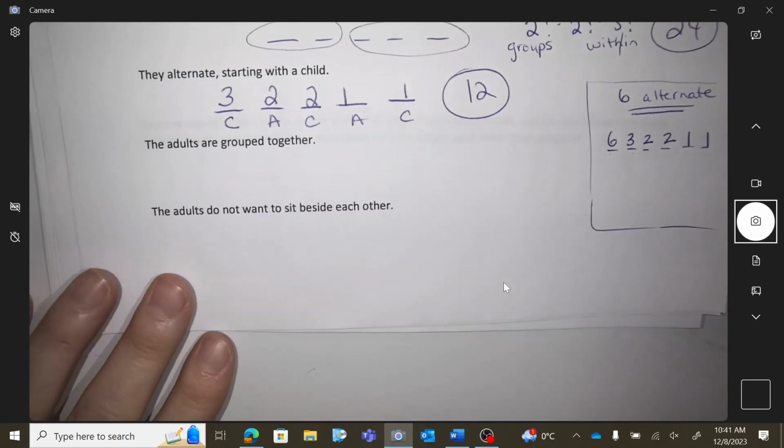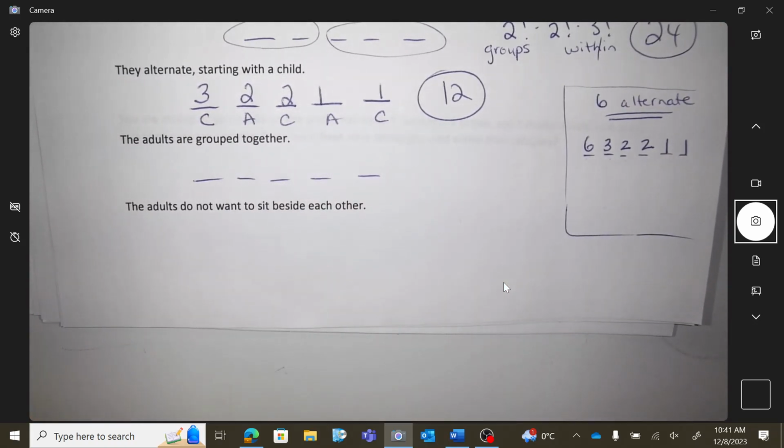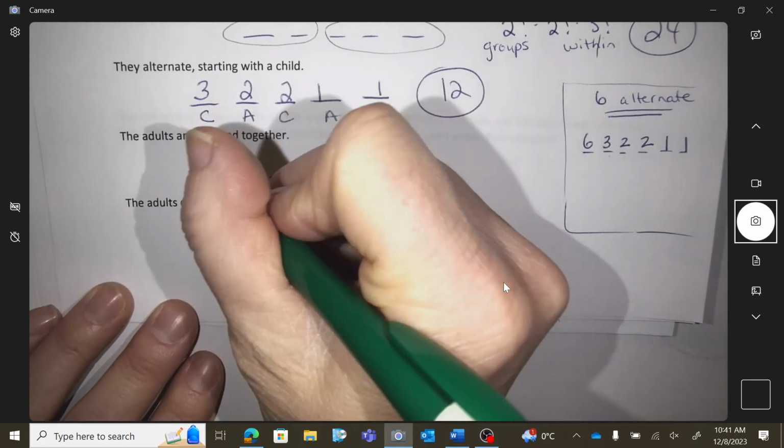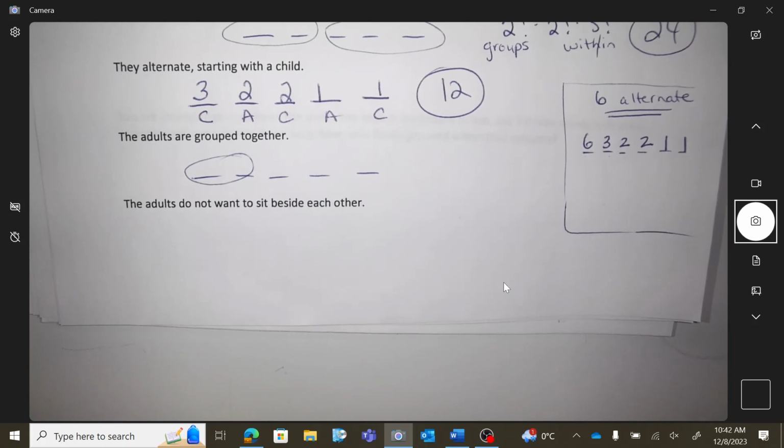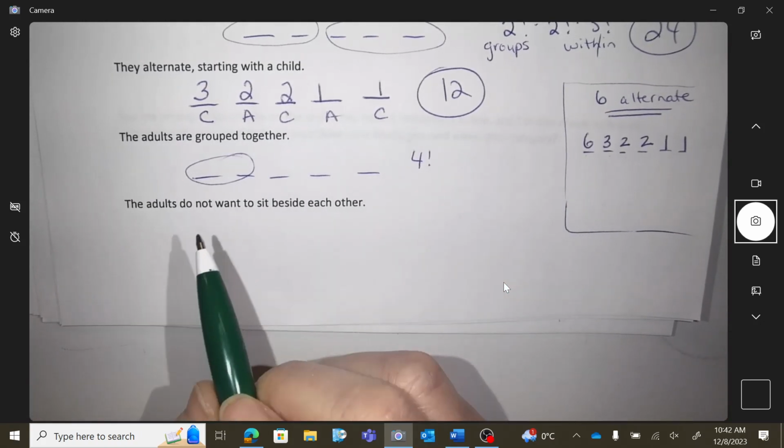Okay, the next one, it says the adults are grouped together. So there's my 5 people. And I'm just grouping the adults. So mom and dad have to sit beside each other in this picture. So how many things am I moving around? 4.